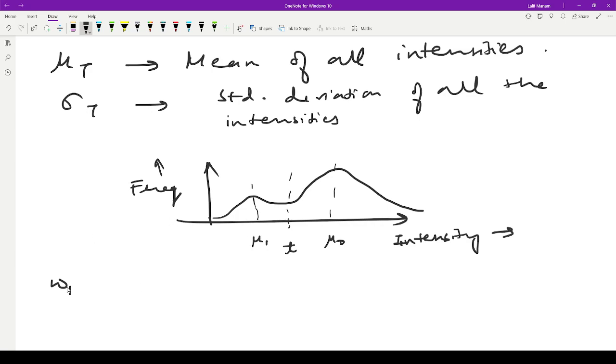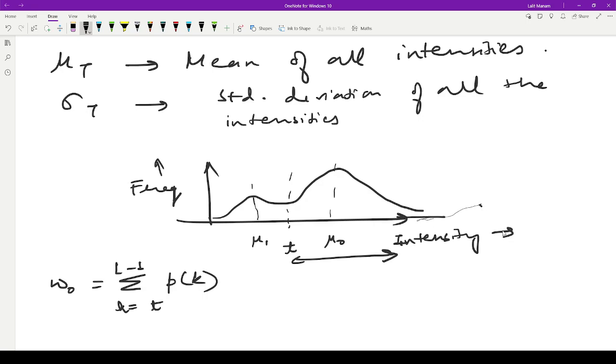Okay. So W naught is given as the summation over k equals t to capital L minus 1 of p k. L can be 256 levels as we discussed earlier. So here it will be t to 255, but I am writing it in general. Since the histogram is discrete, to compute the probability of belonging to class 0, we check the area under this curve from t to L minus 1.